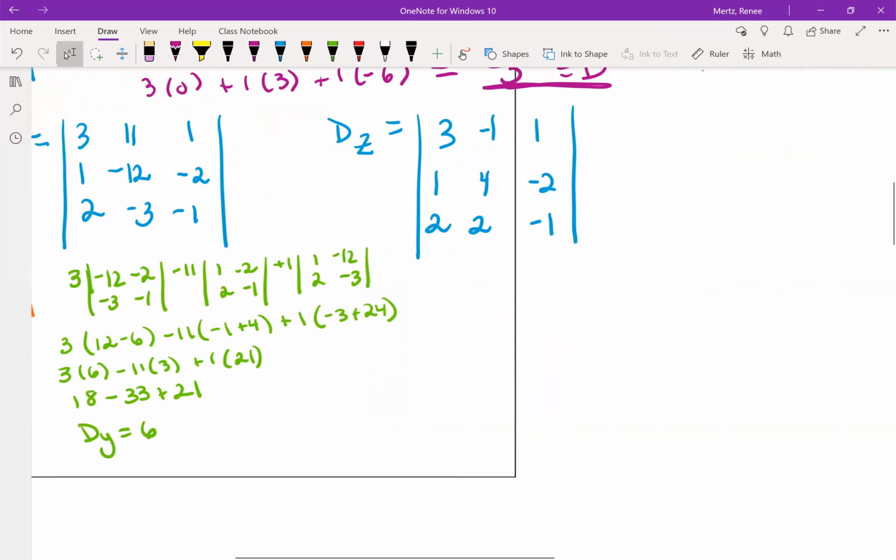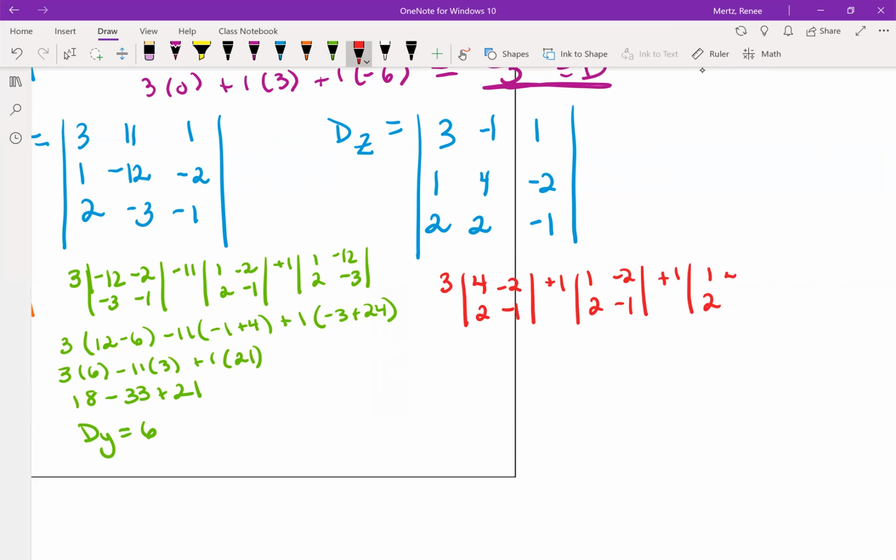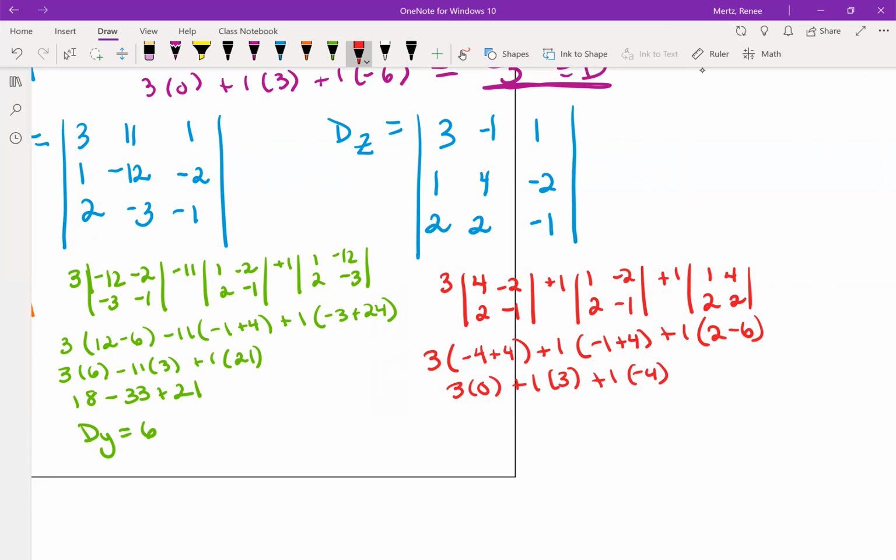All right, D of z. 3, 4, 2, -2, -1, plus 1, 1, 2, -2, -1, plus 1, 1, 2, 4, 2. All right, last one. -4 plus 4, plus 1 times -1 plus 4, plus 1 times 2 minus 6. 3 times 0 plus 1 times 3 plus 1 times -4.